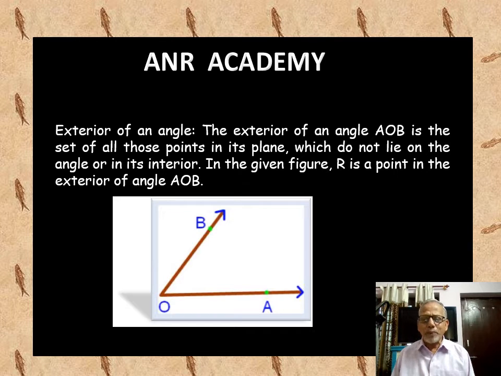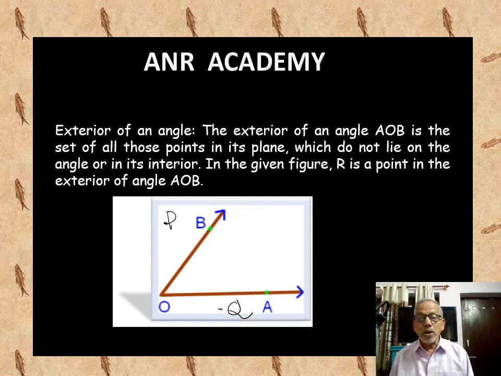That means if any point is not lying in this inner plane, then that point is said to be an exterior point. You see, P and Q, these two points are lying in the exterior of the angle AOB.